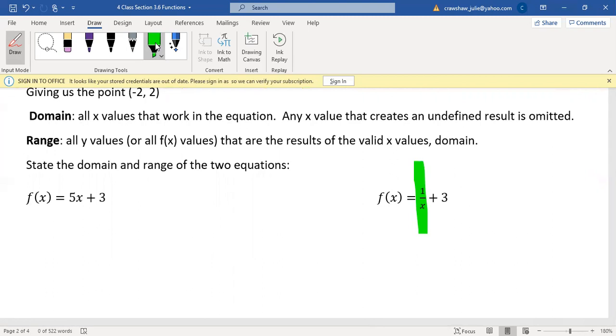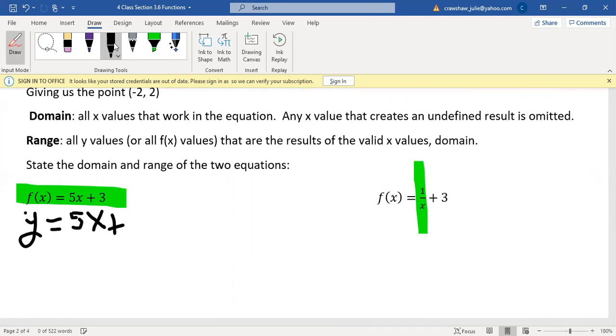If I have an equation that represents a line, like I do over here, f of x equals 5x plus 3, that's an equation of a line. It's really in the slope-intercept form. Remember, f of x really just means y. So this is an equation in the slope-intercept form.